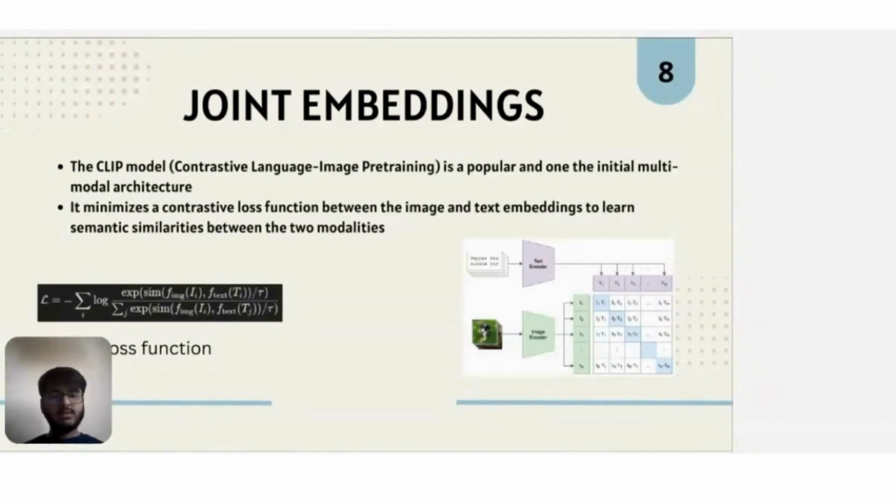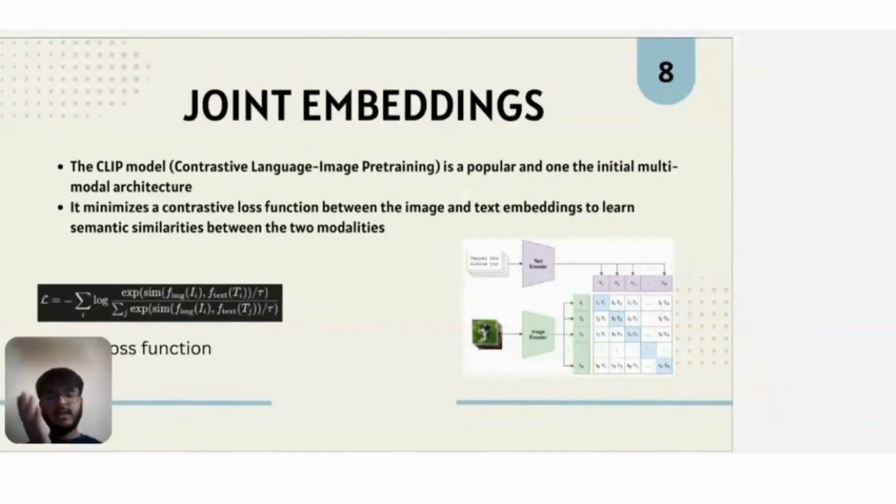Now on the right, what you can see is a joint embedding space. What happens is that the text encoder encodes the text into a d-dimensional vector. Similarly, the image encoder also takes in different images and gets a d-dimensional vector for these different images, and we take a dot product of these images with their corresponding text descriptions as well, right?